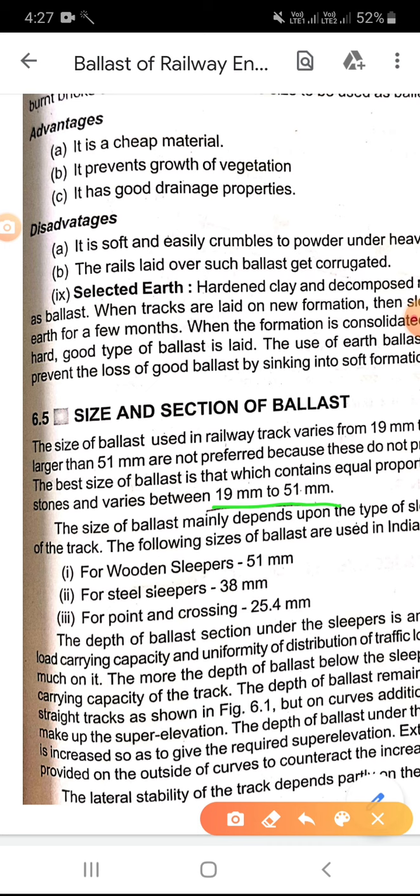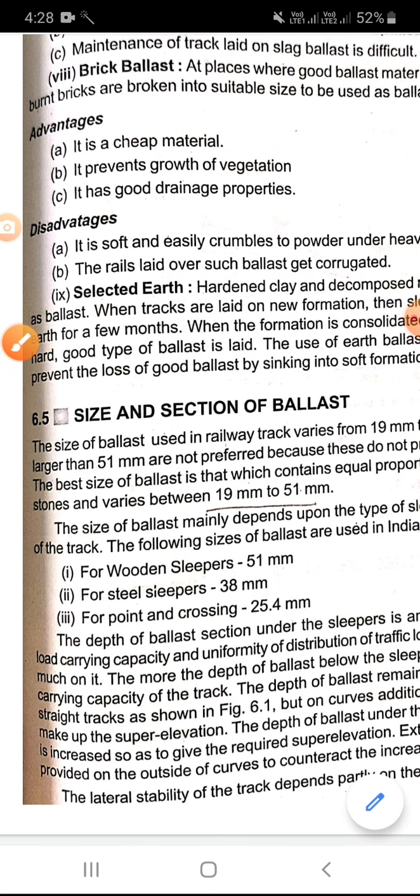The best size of ballast is that which contains equal proportion of different sizes of stone varying from 19 mm to 51 mm. For wooden sleeper, 51 mm.